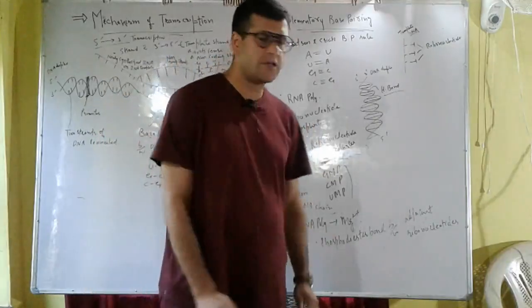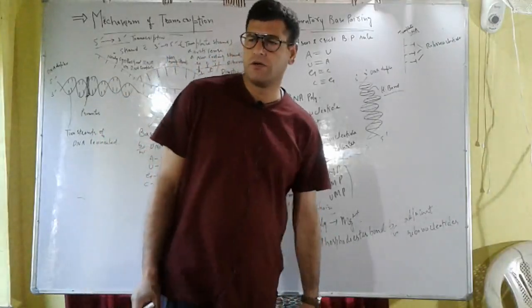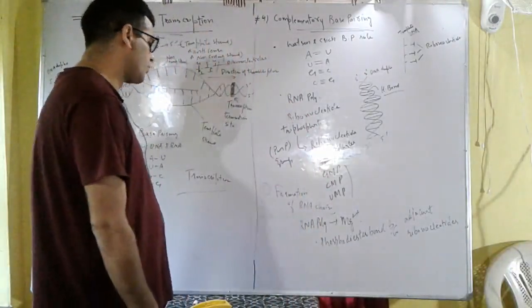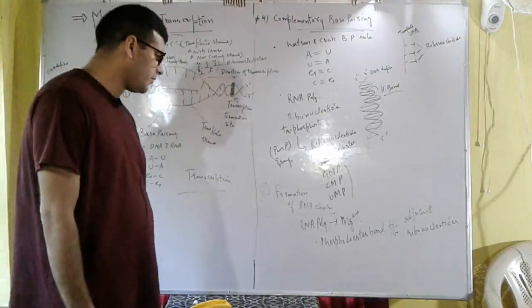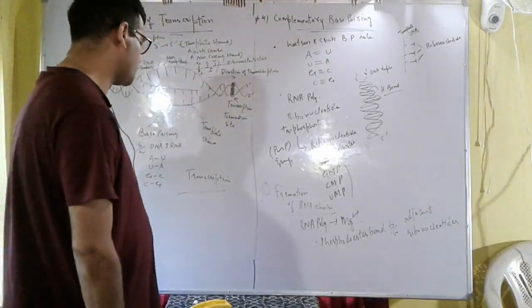And this RNA polymerase requires magnesium for the formation of the continuous RNA chain.